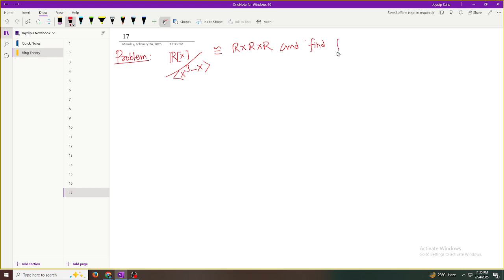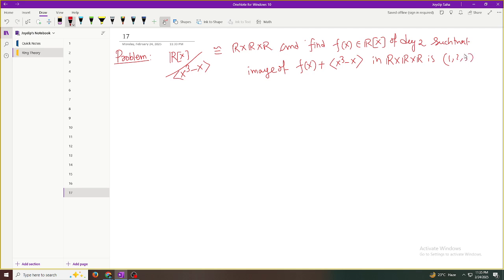Find the image, find f(x) belonging to R[x] of degree 2 such that f(x), the image of x cube minus x, is, you take any pair, I think 1 2 3. Okay, this is the problem.